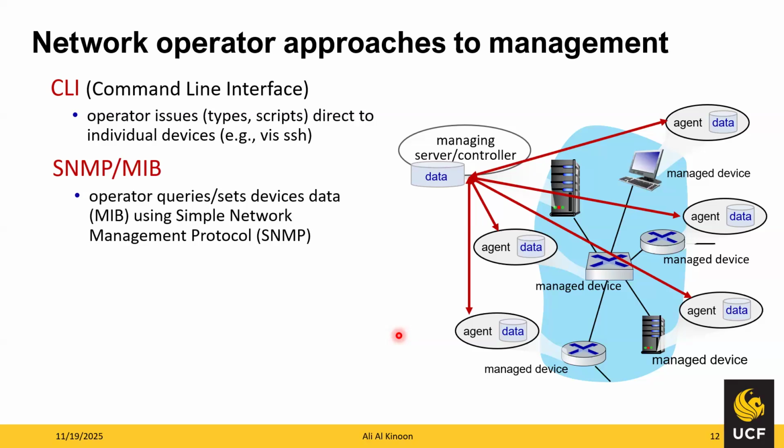The managing server would use SNMP as a protocol to read or update the entries in the MIB, to update that directory. The directory is the MIB, you can think of it that way. SNMP became very supported and widely used, but it still has a limitation where it focuses on device-by-device operation rather than the full network.